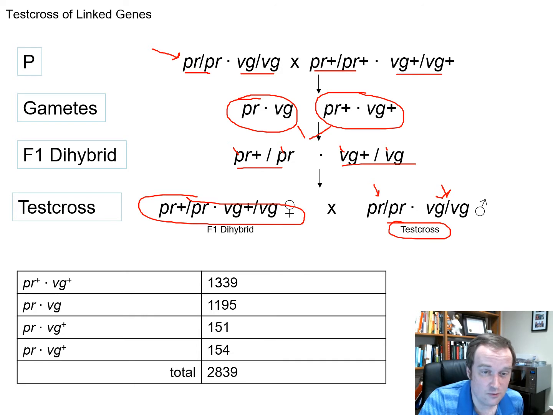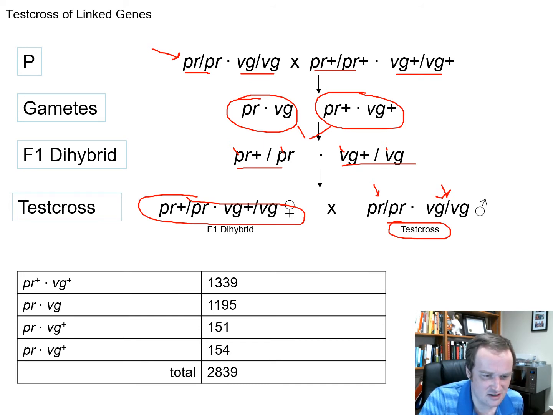The mutant PR, VG, we have a lot of those individuals because they are in the parent generation, but then we get this mixing. We have the PR and VG that are opposite, right? PR mutant, VG wild type wasn't in the parental generation, so there had to be a reshuffling of those chromosomes.